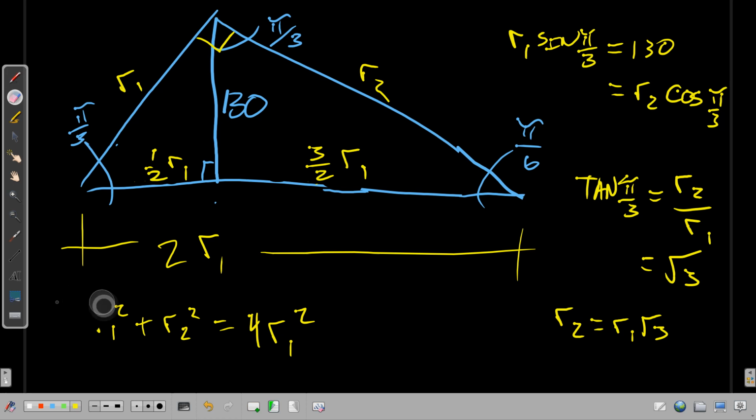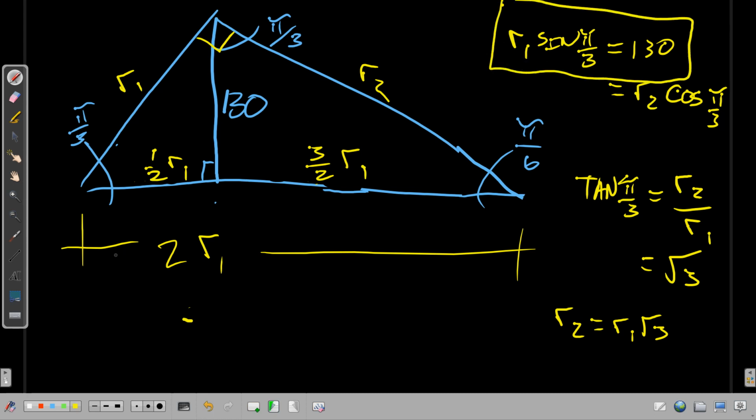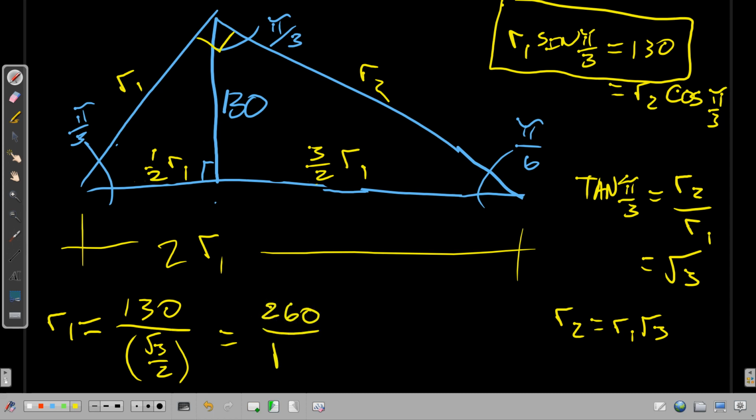Oh, well, I guess I don't need to mess with this anymore because here I can solve for R1 and get a number. R1 must be 130 over the sine of pi over 3, which is square root of 3 over 2. So R1 is 260 over root 3.